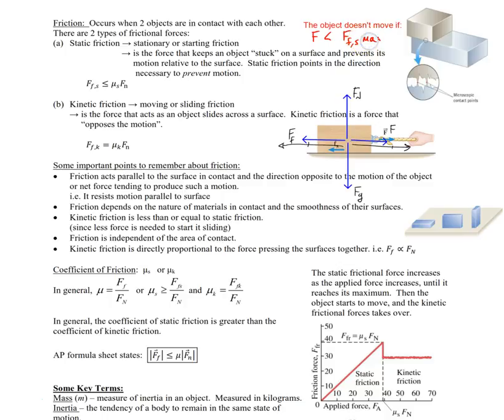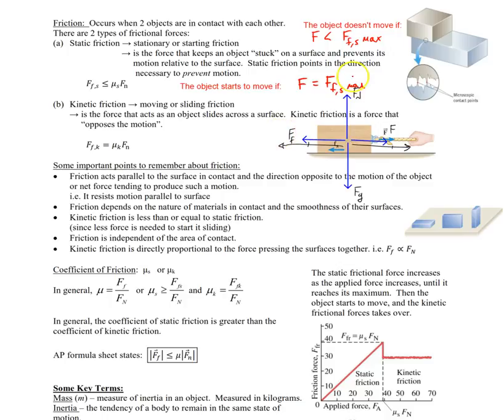So I'll just write this as F sub F for frictional force with an S for static and then max. So if my applied force is anything less than the peak static frictional force, then the object's just going to simply stay at rest. The object starts to slip or move when the frictional force is exactly equal to my applied force.